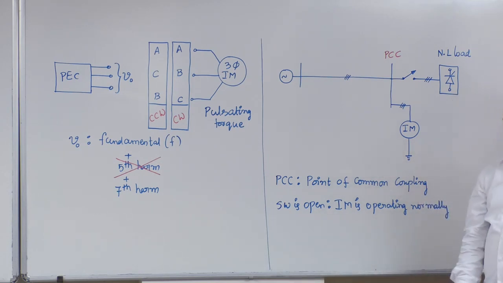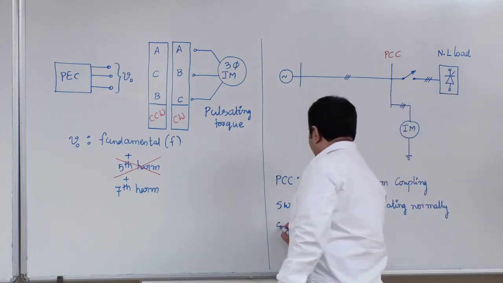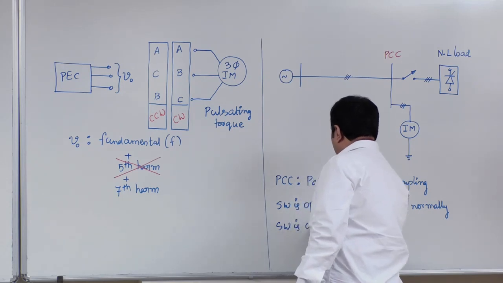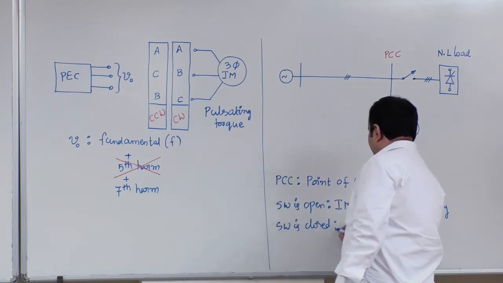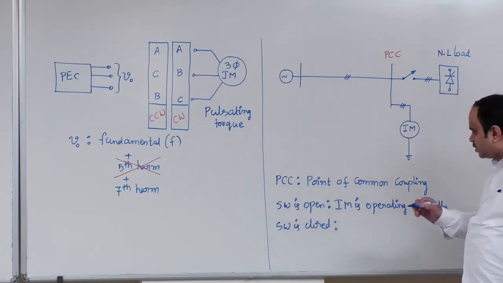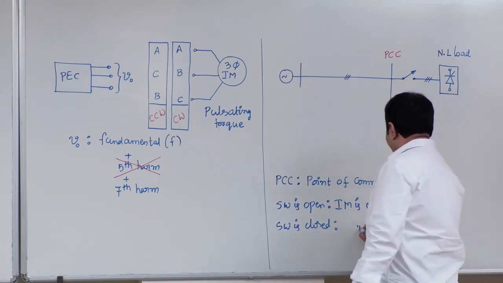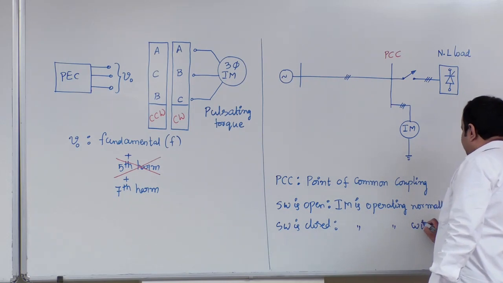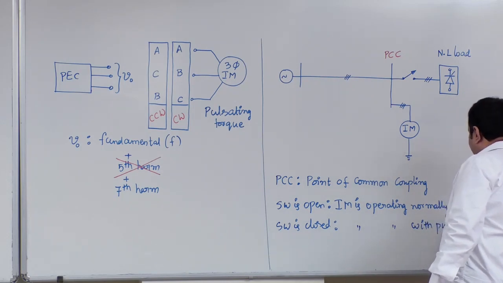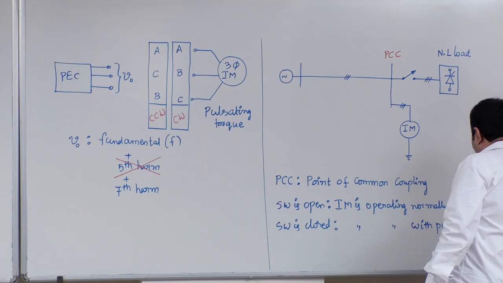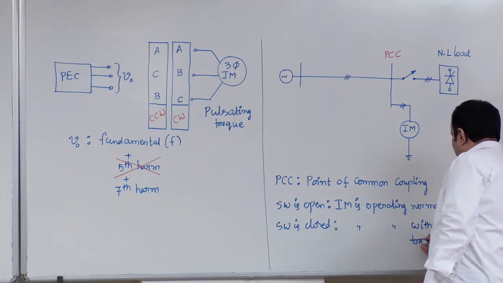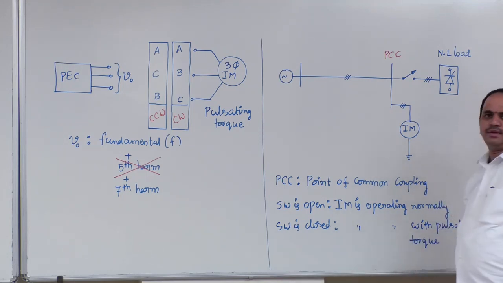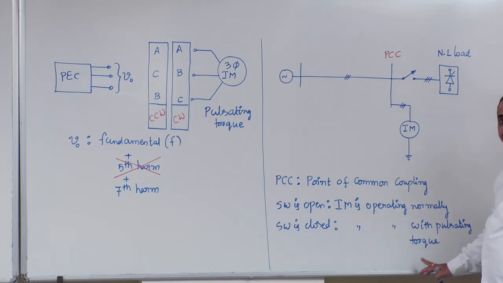Suppose that switch is closed, then the induction machine is operating with a pulsating torque. Okay, the induction machine is operating with a pulsating torque. Think about what could be the reason for that.